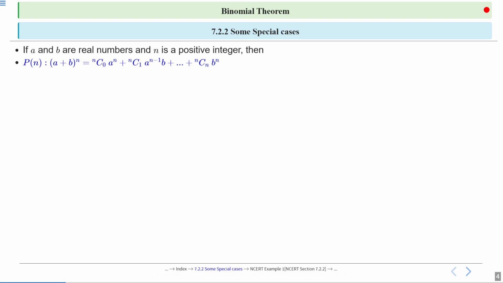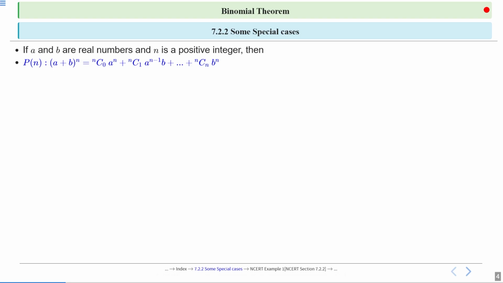Okay, so we are going to discuss the binomial theorem, a fundamental concept in algebra. It helps us expand expressions of the form a plus b whole to the power n, where a and b are any real numbers and n is a positive integer.